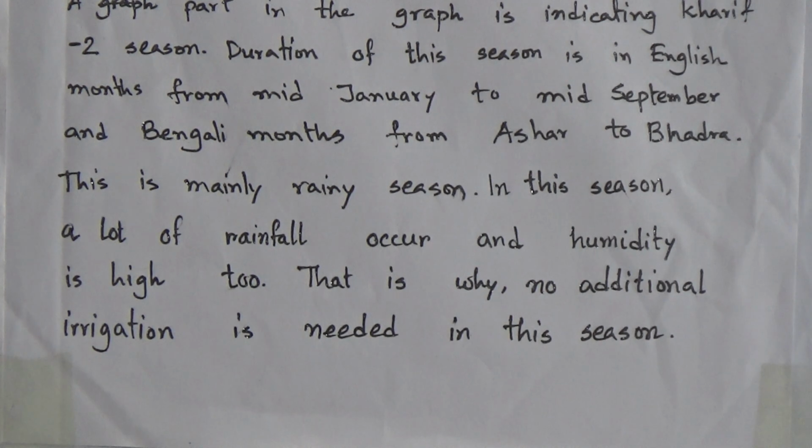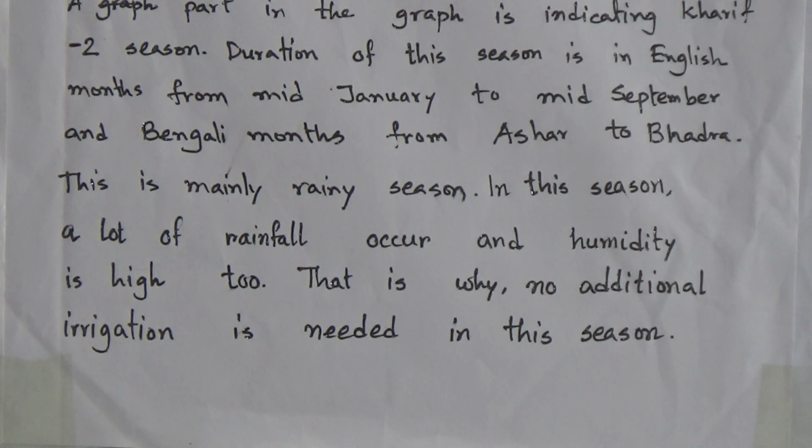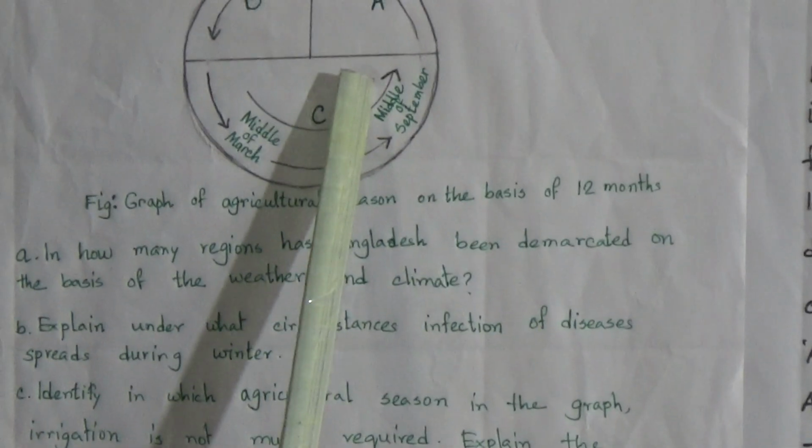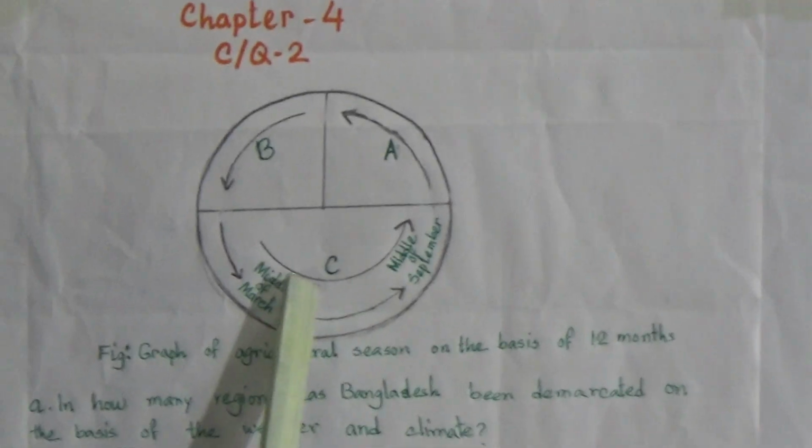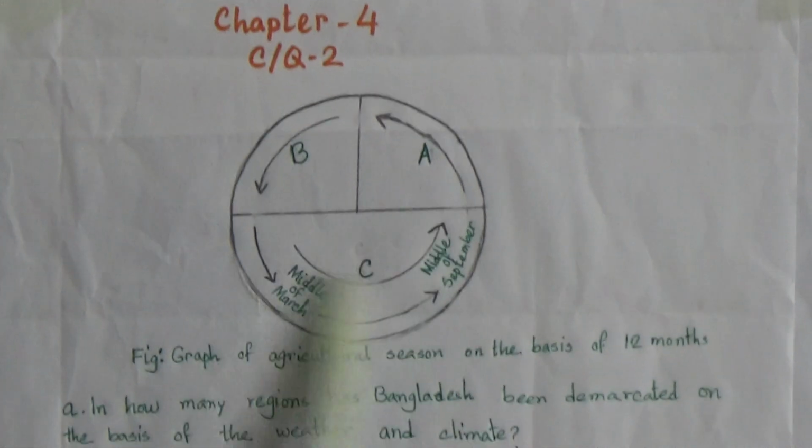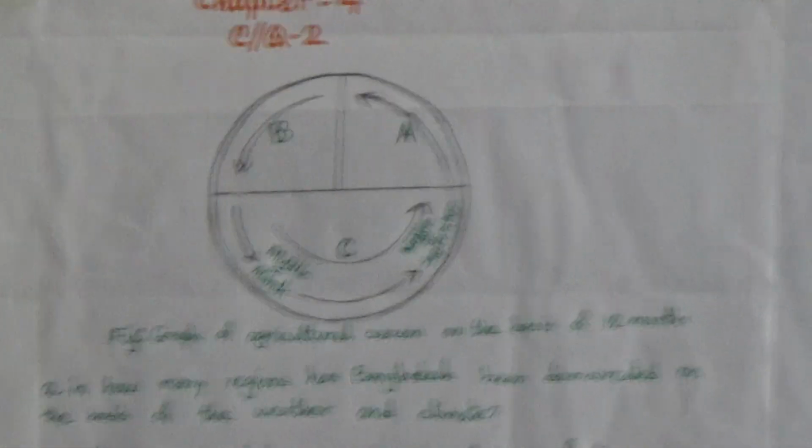Okay. Then number D, evaluate the impact of temperature on the crops of agricultural seasons marked as C in the figure. That means we have to now discuss the impact of temperature on the crops of agricultural season in these C marked areas. Okay.